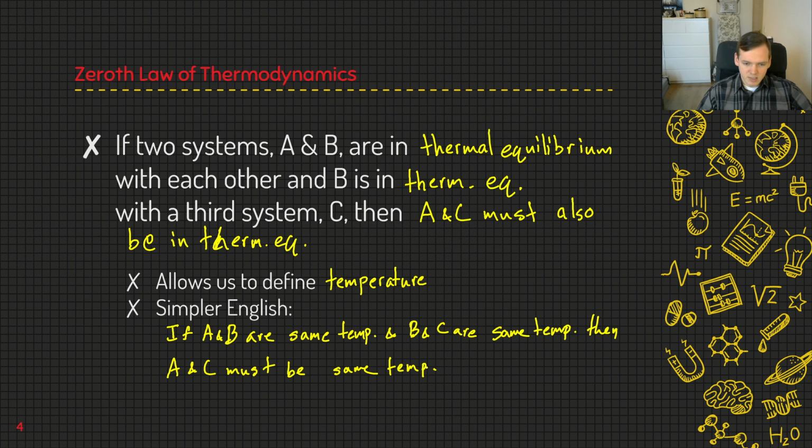Then if I go touch it to something else and the thermometer goes to the same point, I know that must also be 100 degrees Celsius, because the thermometer and the boiling water were in thermal equilibrium and they've reached a certain state, the alcohol being at a certain level. Then when the thermometer and, say, a hot piece of metal reach thermal equilibrium and they're in the same state, we know that that metal is as hot as the boiling water. Therefore, the metal must be 100 degrees Celsius.